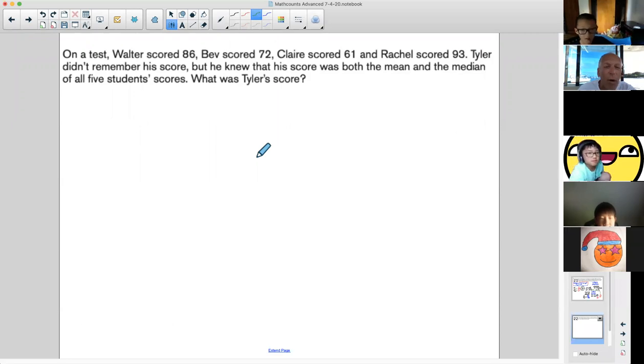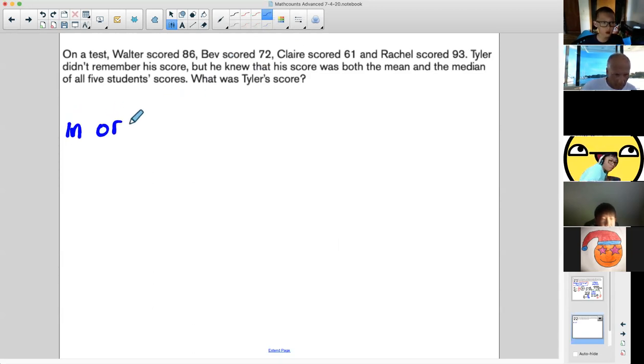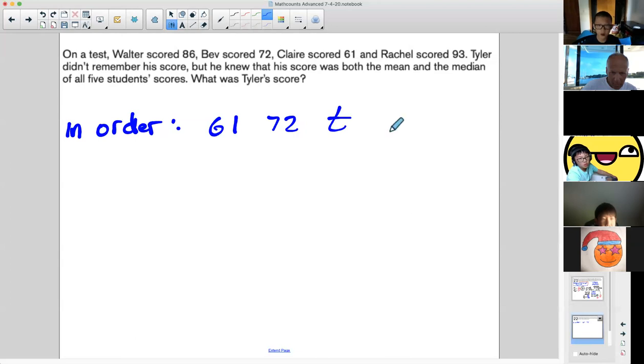Tyler didn't remember his score, but he knew that his score was the mean and median of all 5 student scores. Can you please chat that answer to me? I think that helps.